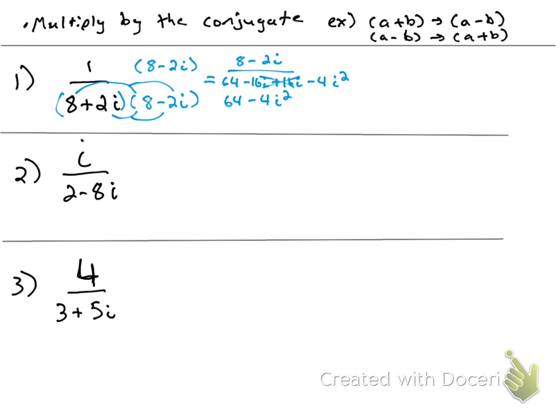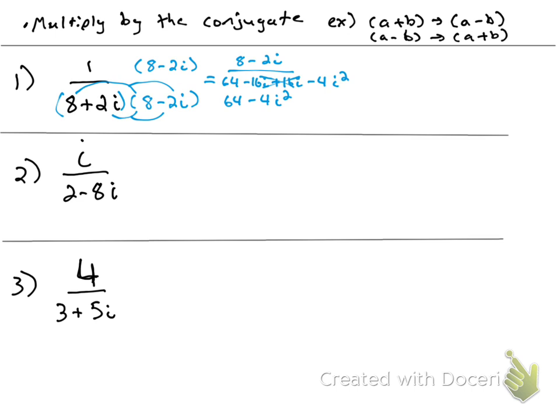So on the board right here, I'll show you what I'll do from here on out. When I'm multiplying by the conjugate, I'll do the first term squared minus the second term squared. So that would be 64 minus 2 squared is 4, i squared is i squared, right?